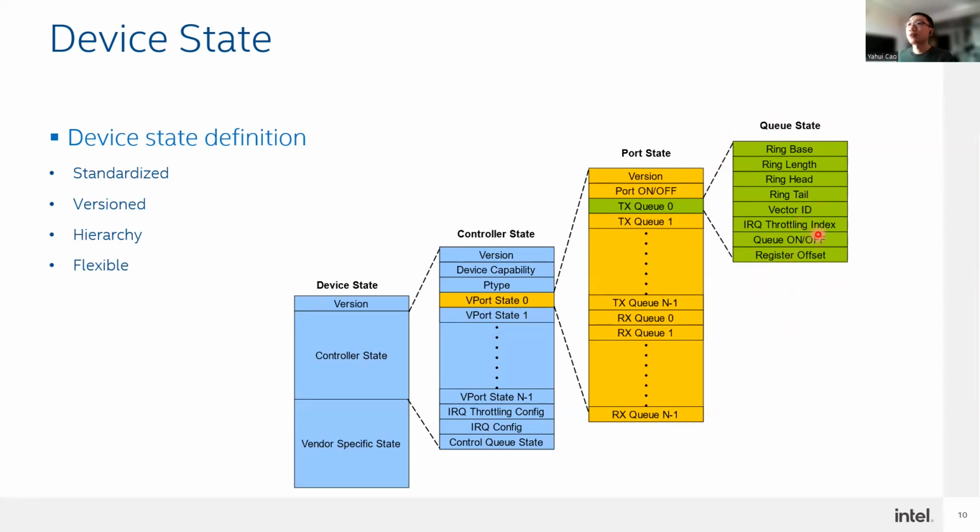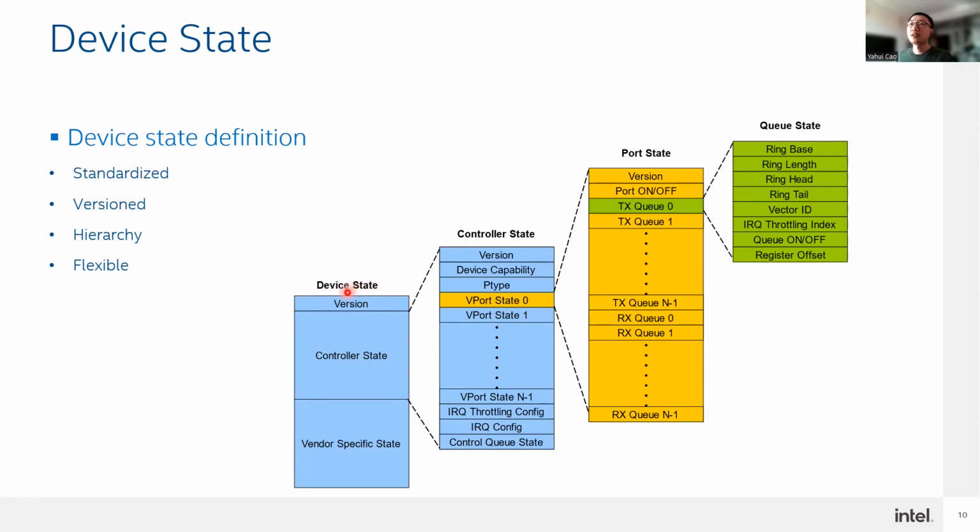Everything we need to migrate our VM, we will define very clearly in this state definition. Through this way, we have explicitly defined what the IDPF device state is, and this may help different vendors to support IDPF migration as long as they follow this device state definition.